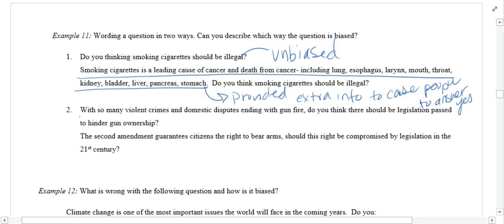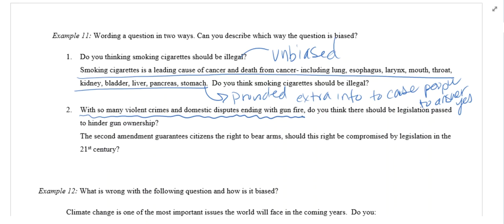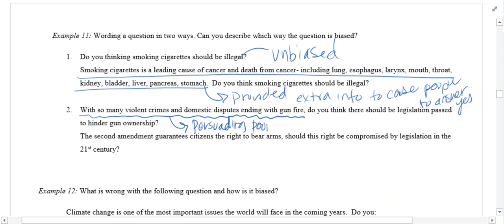The first one added this extra information, violent crimes ending with gunfire and domestic disputes specifically. Then they said, do you think legislation should be passed to hinder gun ownership? Yes. So this is persuading people to answer yes. And then the second one, the Second Amendment guarantees citizens the right to bear arms.